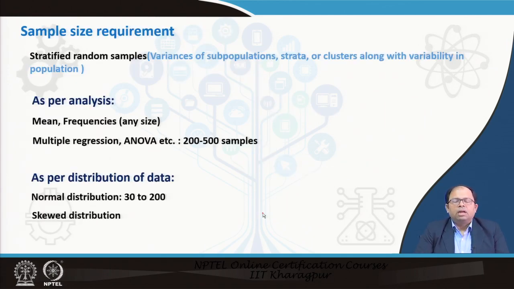Finally, to conclude, what we discussed till now about sample size methods is only for random sampling, whereas for stratified random sampling we need to consider not only the variance of the population but also the variances of each subpopulation, the different strata or clusters, along with the variability in the total population.